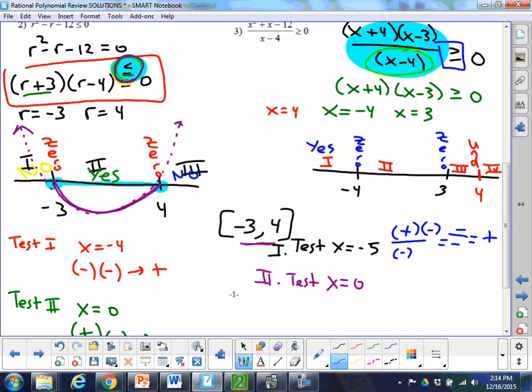Plugging it in again to the factored form up there, the x plus 4 would be positive, the x minus 3 would be negative, and the bottom would be negative. So that's going to give me a negative up top, a negative on the bottom, which makes the whole thing positive again. So interval 2 looks like it's working as well.